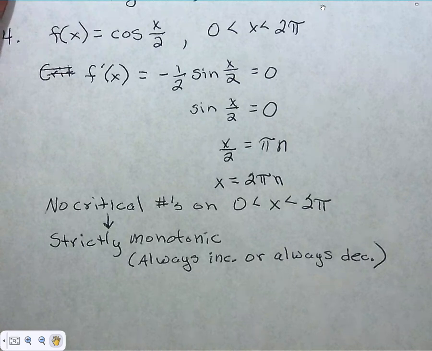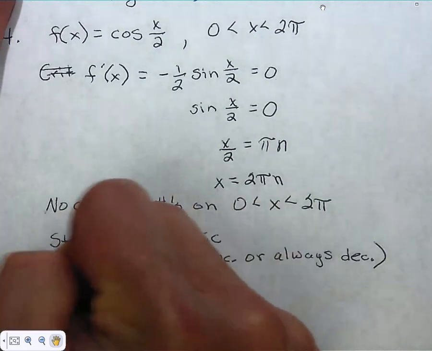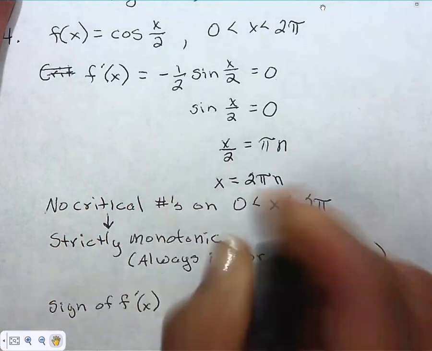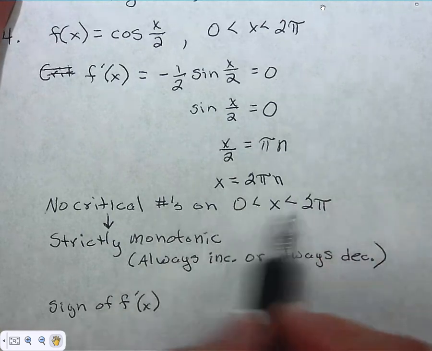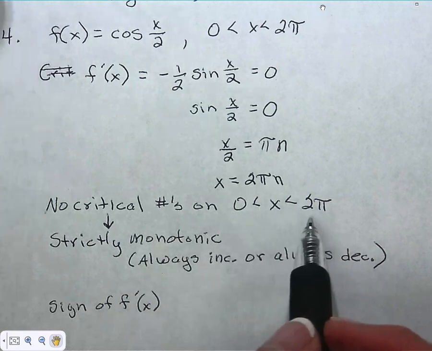Other than graph it on my calculator, how can I tell whether it's always increasing or always decreasing? Sign of the derivative. Awesome. The sign of f prime of x on the interval from 0 to 2 pi. What's your favorite number between 0 and 2 pi? Pi.